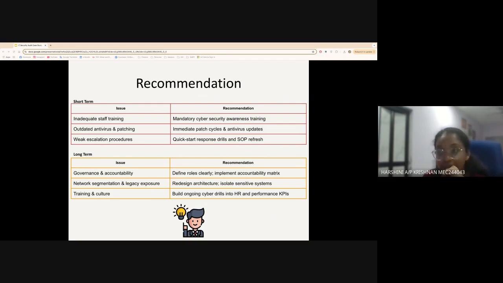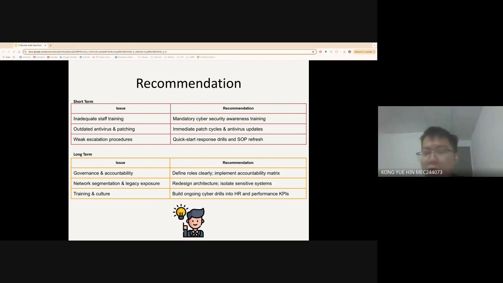We also recommend immediate patching of critical systems and updating the antivirus tools in the system. Finally, run short response drills to refresh staff on how to escalate threats when an attack happens.